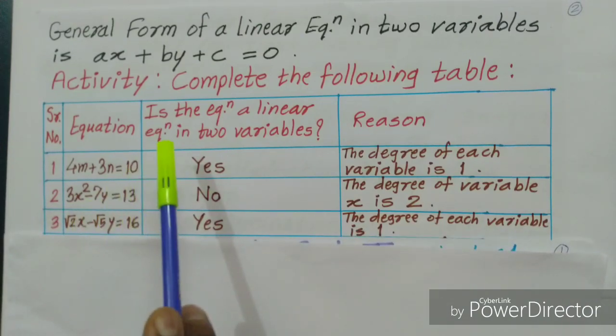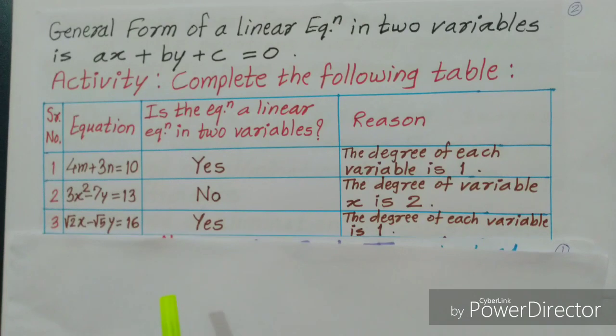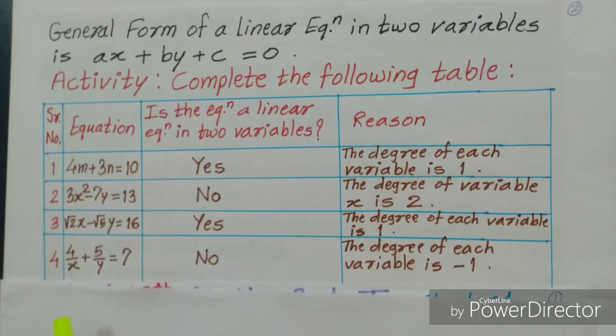Third equation is given. Is the equation a linear equation in two variables? Yes, because the degree of variables x and y is 1. Fourth equation is given. Is it a linear equation in two variables?